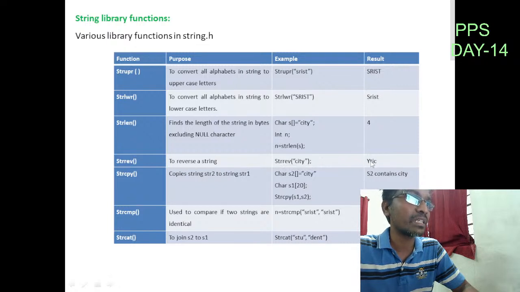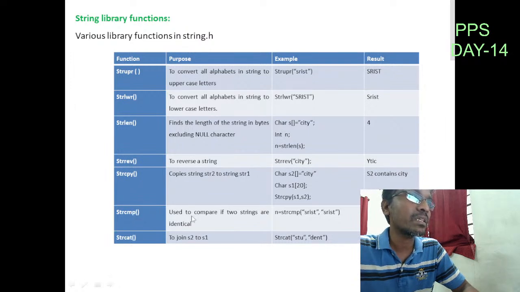Then it will convert it to the reversed string. The next one is string copy. If you want to copy from one string into another string, you need to use the string copy function. The next one is string comparison. If you want to compare two strings, whether the two strings are equal or not, at that time you have to use string comparison.